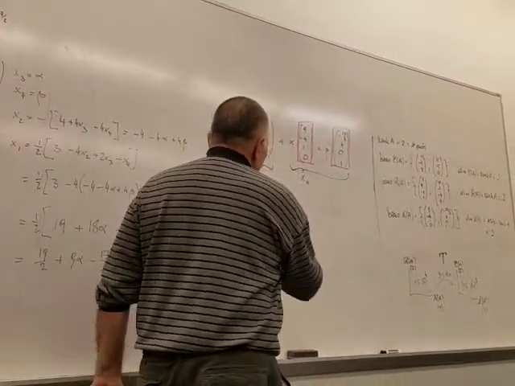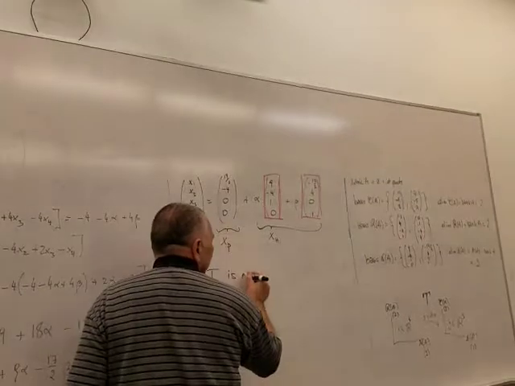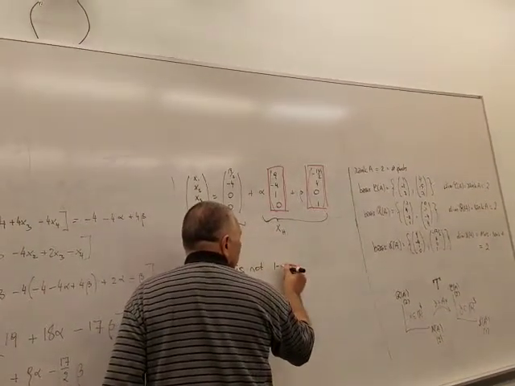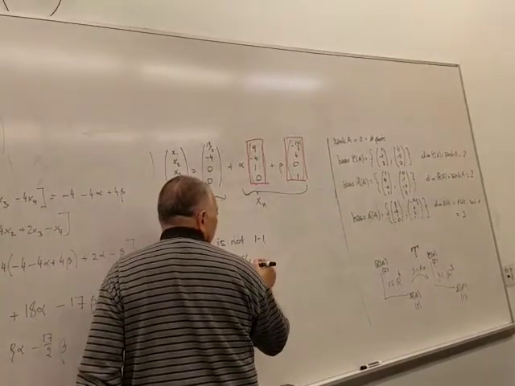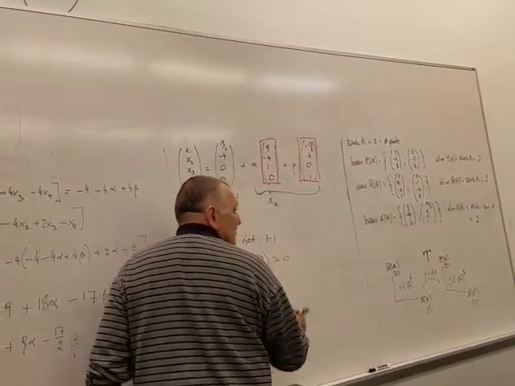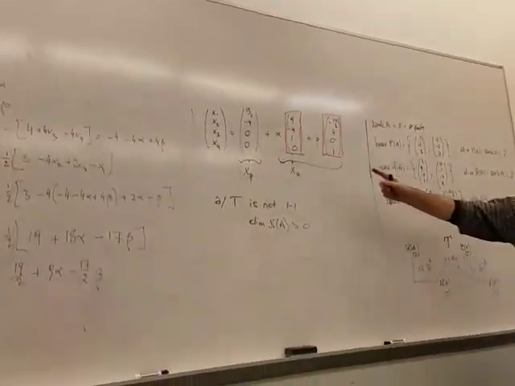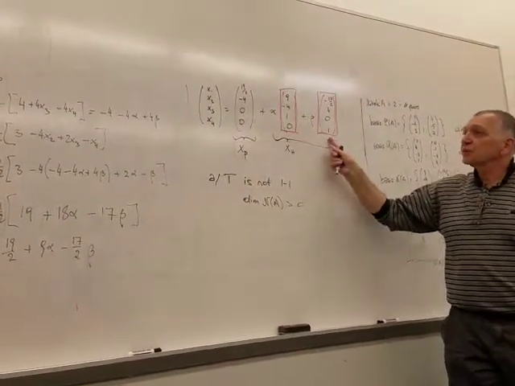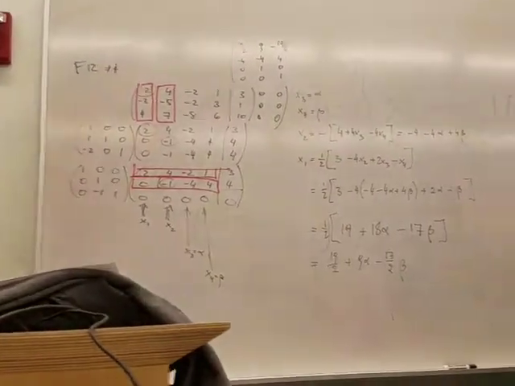So the explanation for part A is T is not 1 to 1. One way of saying that is the dimension of the null space of A is greater than 0. There's more than one place to start from, right? There's an infinite number of starting points that all end up at the same endpoint.